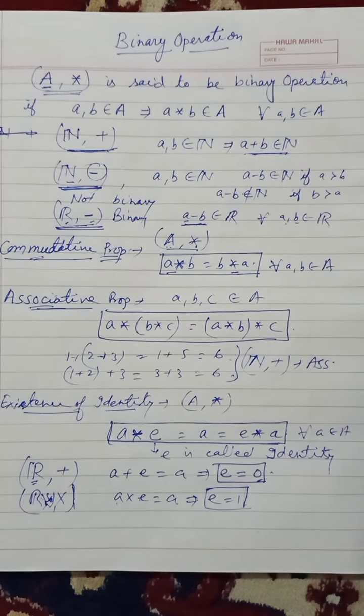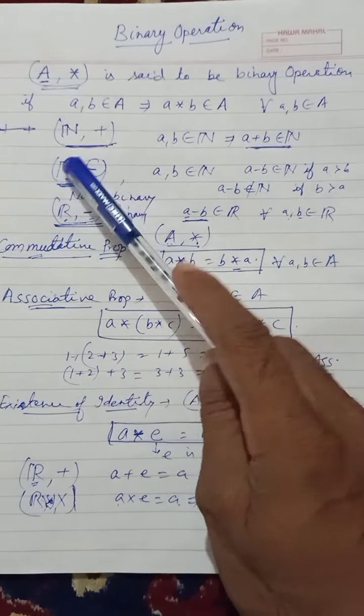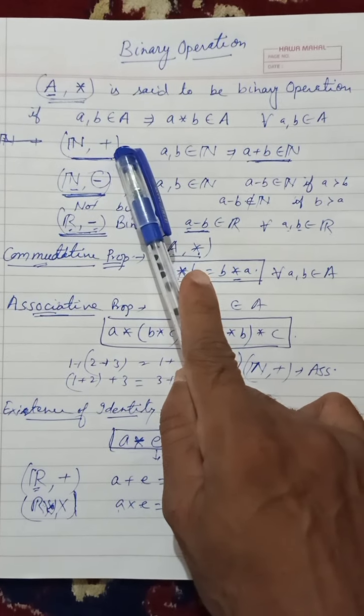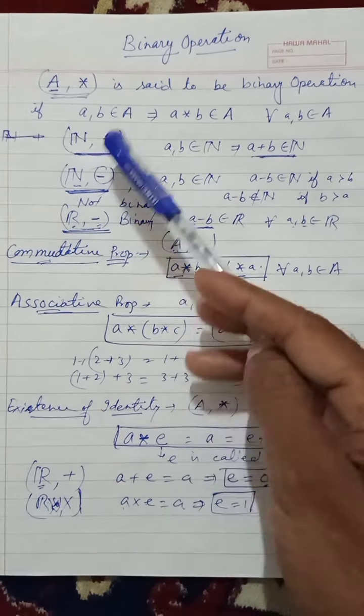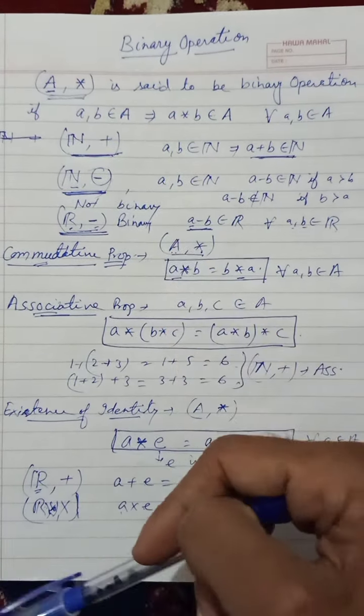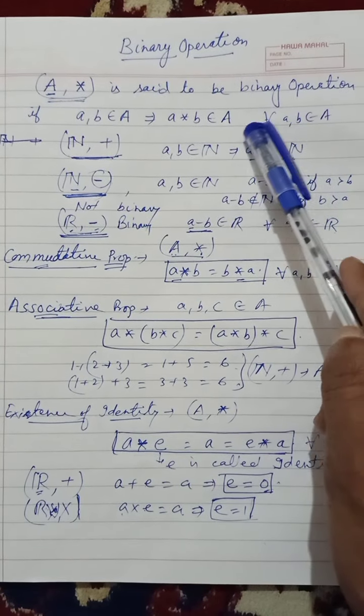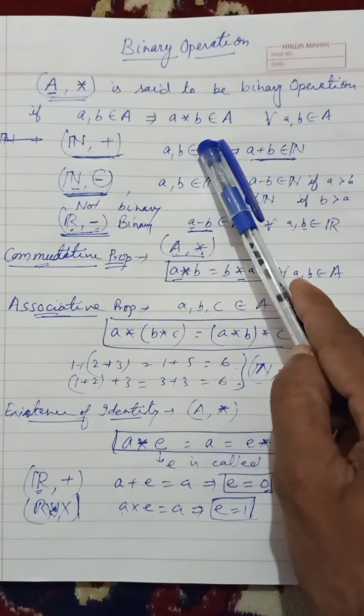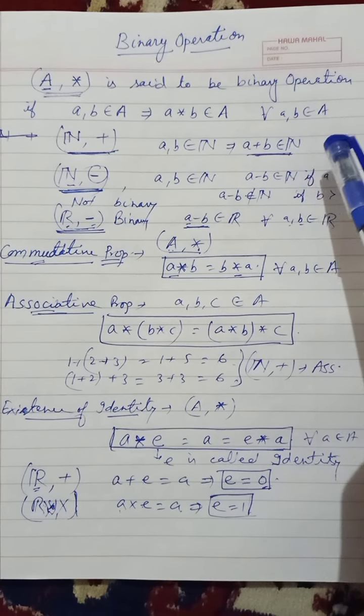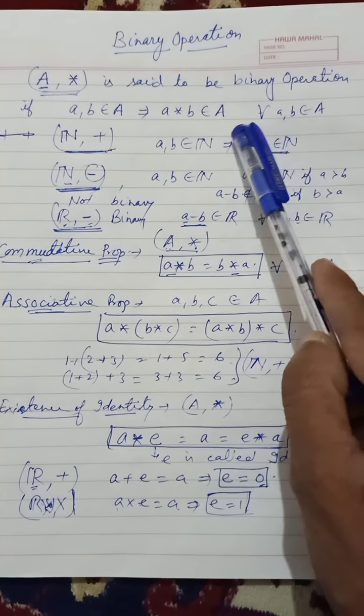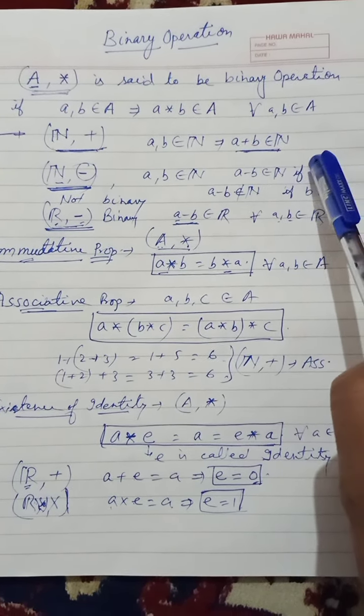Okay. Example: if we take the set of natural numbers with addition as the operation. If we take any two elements from the set of natural numbers, a plus b always gives a natural number.